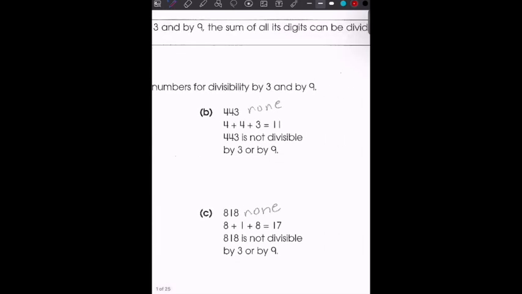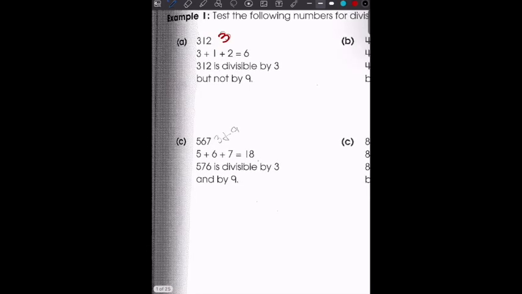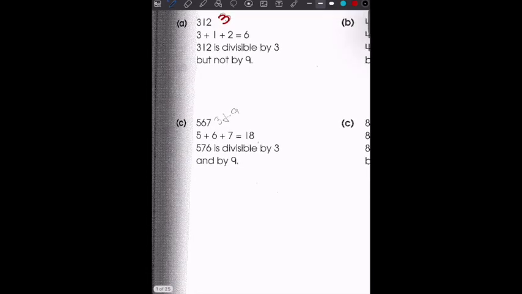Let's take a look at 443. So 4 plus 4 plus 3 is going to give us 11, and 11 is neither divisible by 3 nor 9, so the number 443 is not divisible by 9 nor 3. And if we take a look at 567, the sum of the digits is going to be 18.